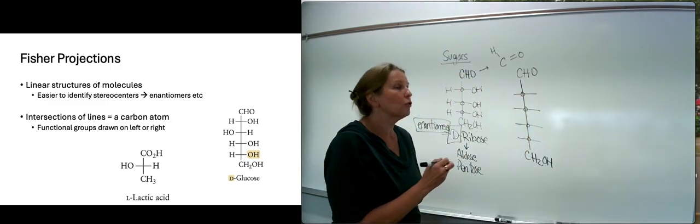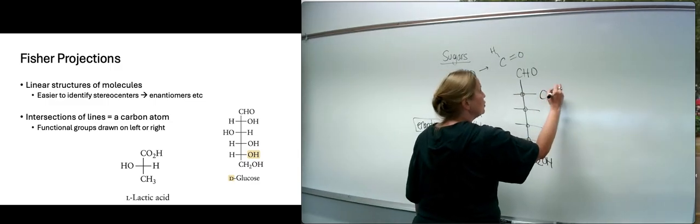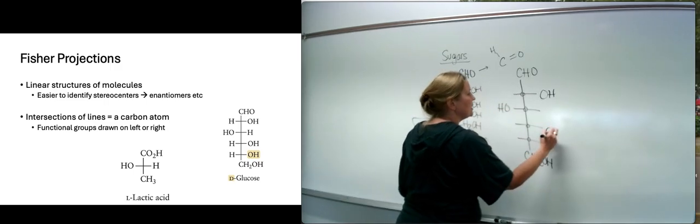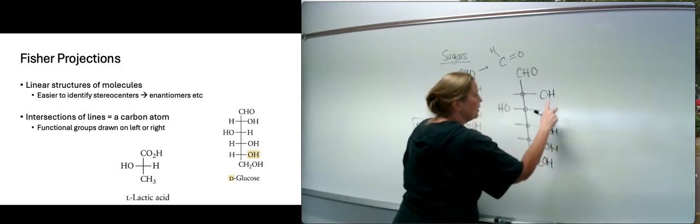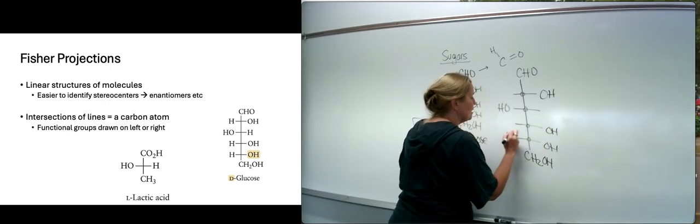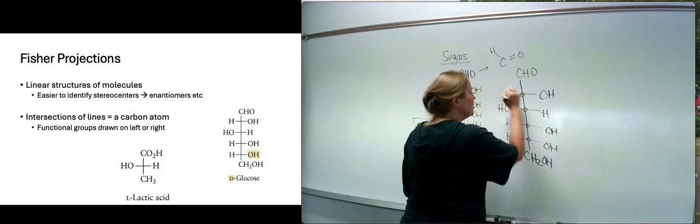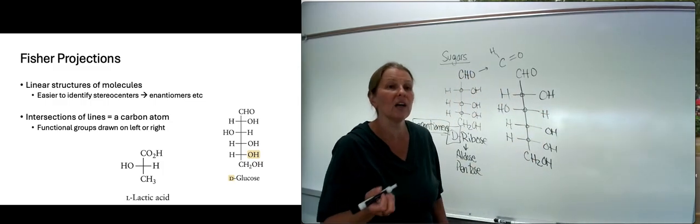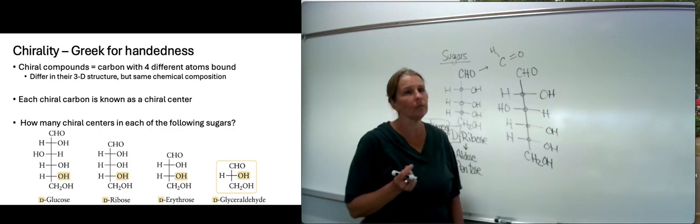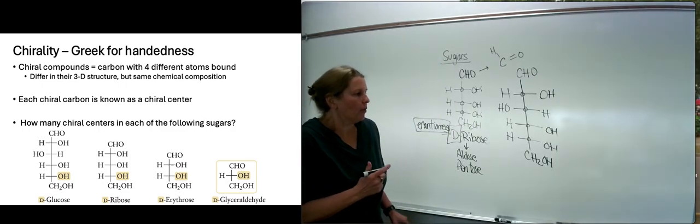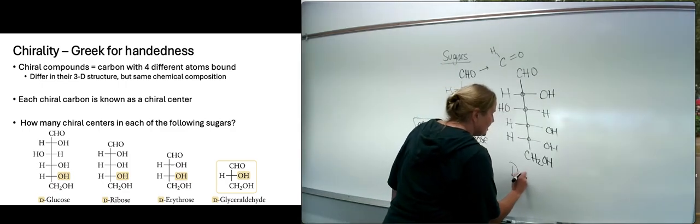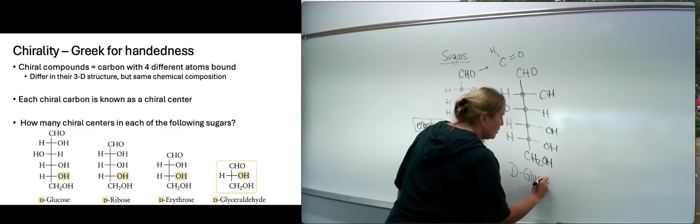And by the definition of D-glucose, we have the OH groups pointed to the left, right, left, left. So we can fill in the structure here to give us, by definition, the structure of what we call D-glucose.